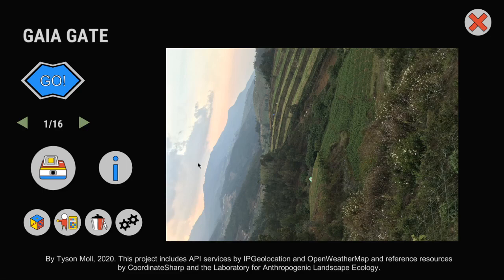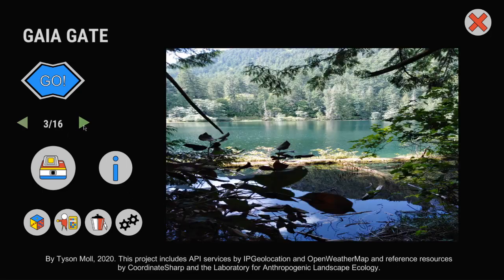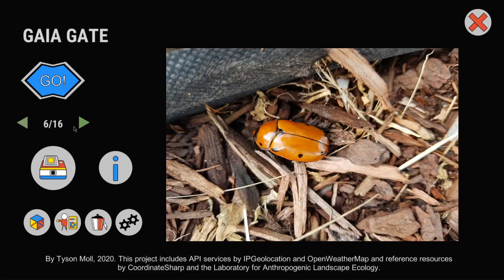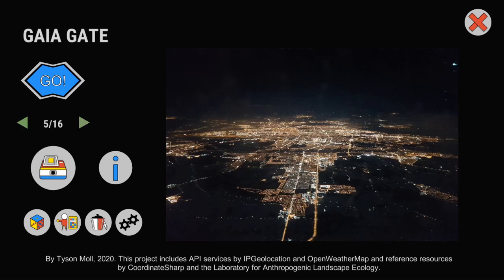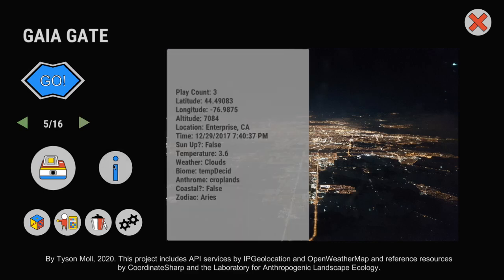So again, what level do I want to play? Let's go with this one because I think it's interesting in the sense that you don't really get much information about this particular location. You are currently 7,000 meters above the ground.